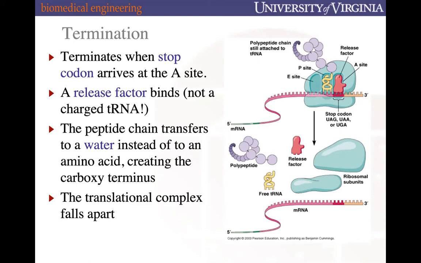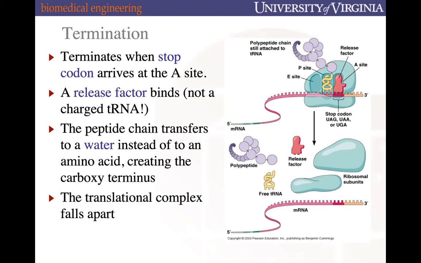Release factor binds at the stop codon within the ribosome, and instead of transferring an amino acid, it'll actually transfer a water molecule. And what that water molecule does is it helps to create the C terminus, or the carboxyl terminus, on the peptide chain.